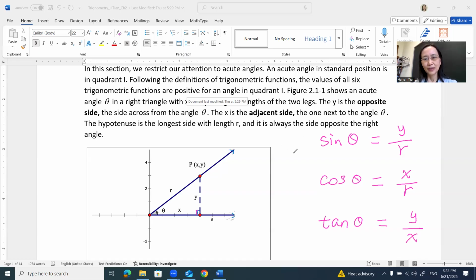Okay, so now let's try to understand the definition using this right triangle. For this theta, y is the side opposite to theta, and r is the hypotenuse. So the sine value is the side opposite to theta over the hypotenuse.